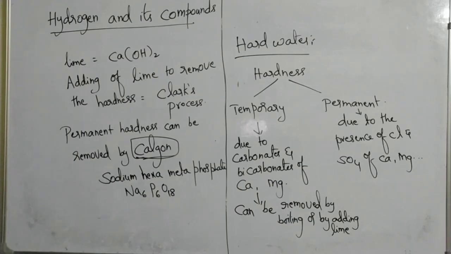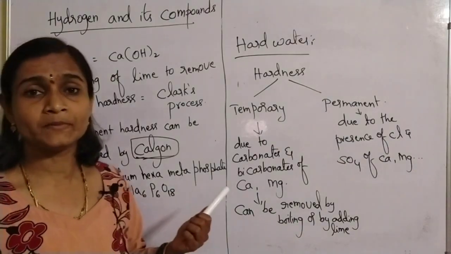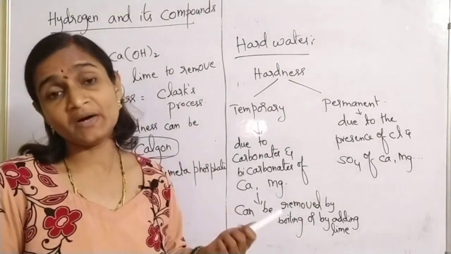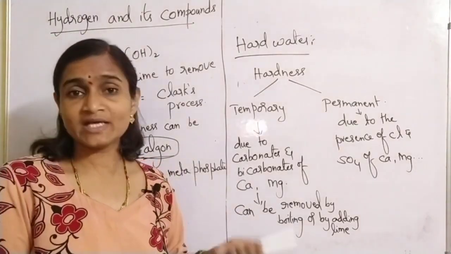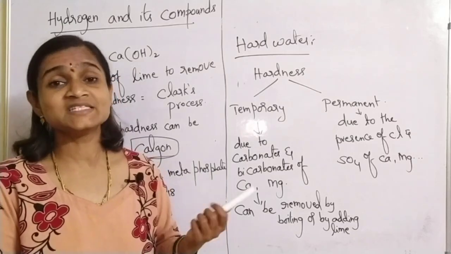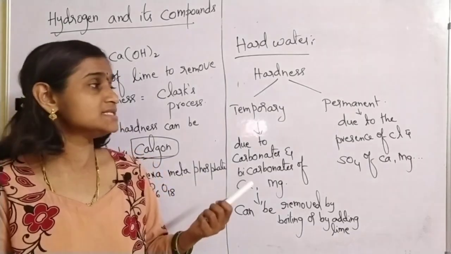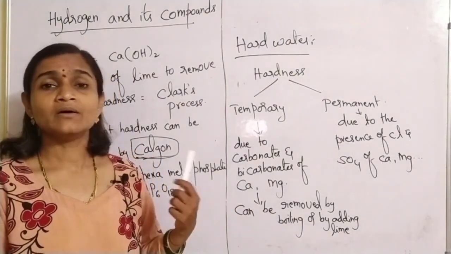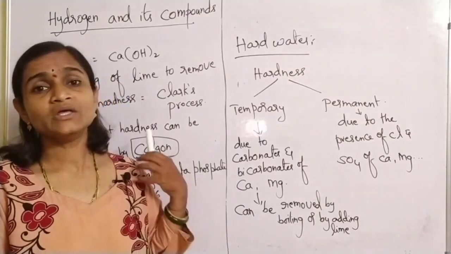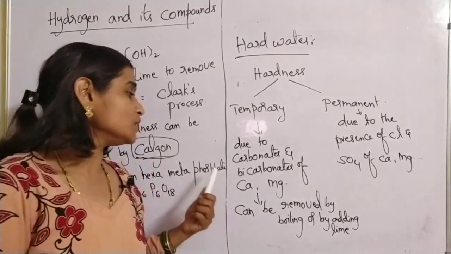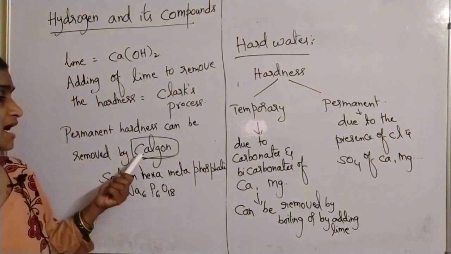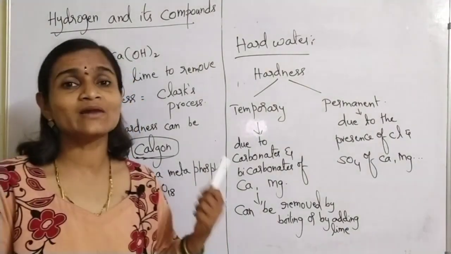The calgon method. And there are other methods which come under the removal of permanent hardness. They are the ion exchange method, the resins method. By adding resins, in that method also you can remove permanent hardness of water. Mostly, what they ask about is the calgon method.